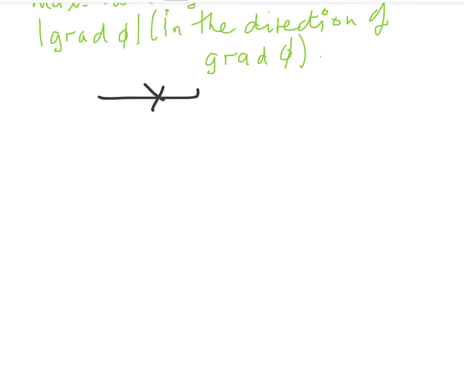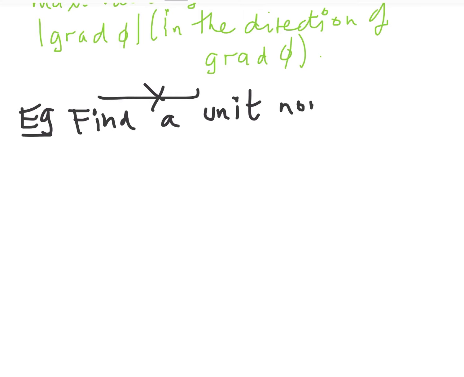And let's do one last example that puts some of this information together. Let's put this in the form of a question. It says, find a unit normal, that means a normal of magnitude 1, to a surface, and this is the hyperboloid of one sheet.